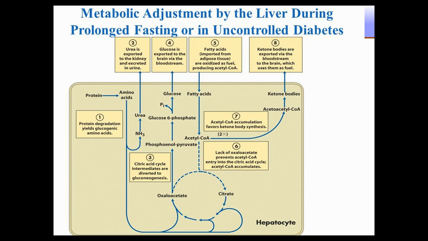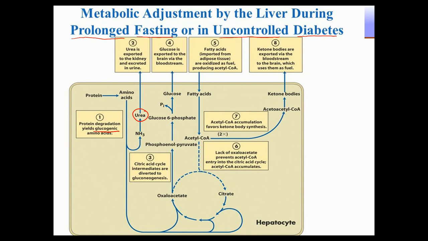Now, when you have prolonged fasting or uncontrolled diabetes, everything that we started talking about is still in play, only it becomes a more extreme event. So proteins are degraded to make glucose. So you have glucogenic amino acids. The more those are broken down, the more urea, and then that's exported to the kidney and excreted in urine.